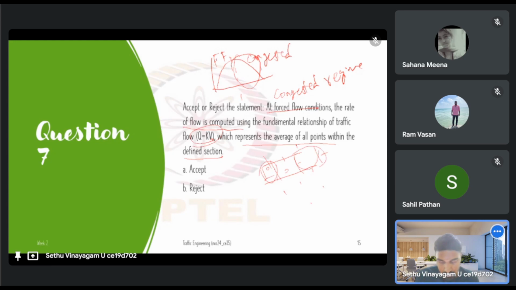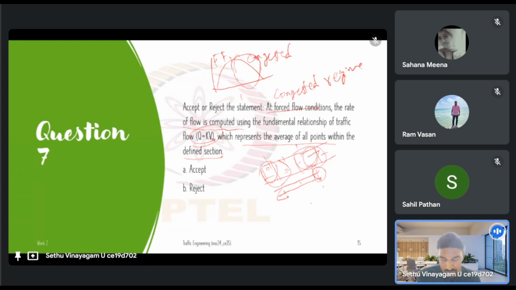For example, when the congestion clears, the flow will be higher here, but these vehicles will still be stopped, right? You'll see that next week when we look at shock waves for the traffic state that is occurring here. To reach this point in a congested state, there will be some delay happening, right?